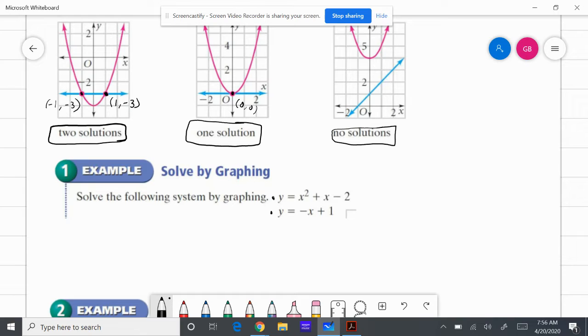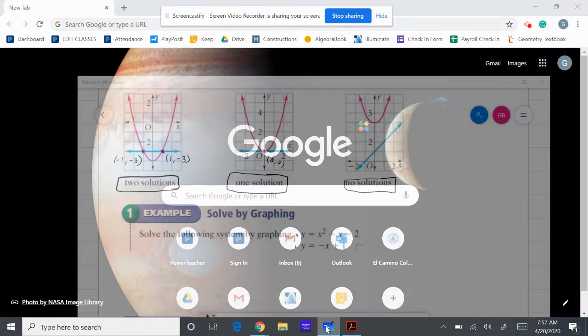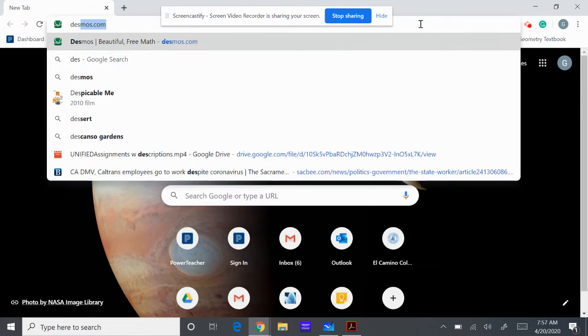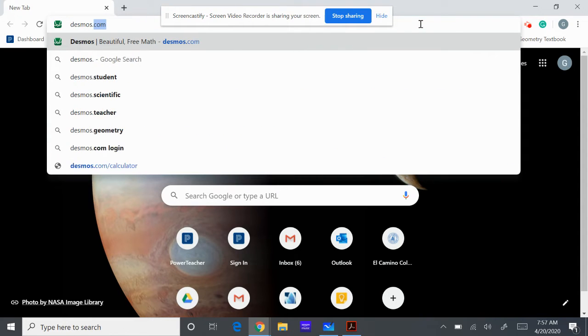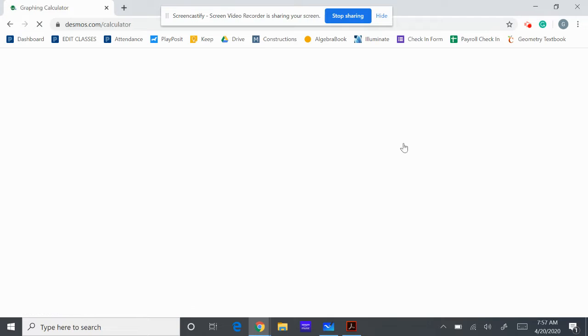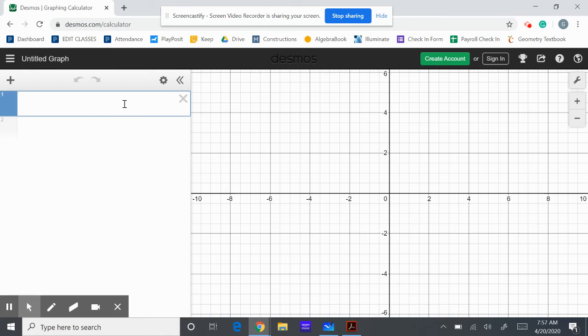So we're actually going to use software to graph these. You could go to Desmos. So let me open that up for you. Desmos.com, and this software will graph it for you, and you just have to identify the solutions.